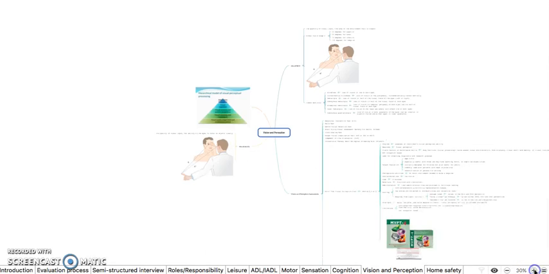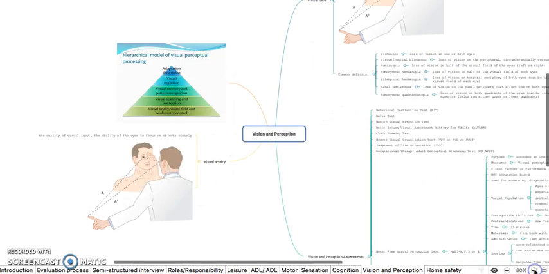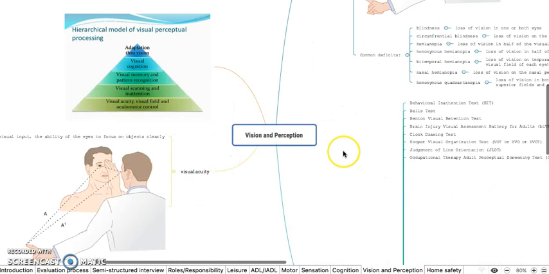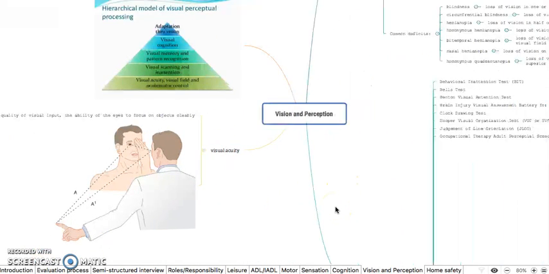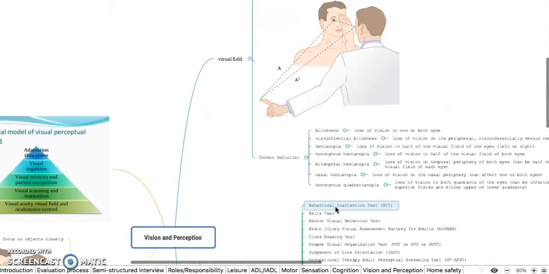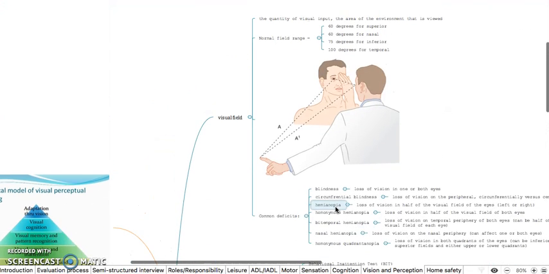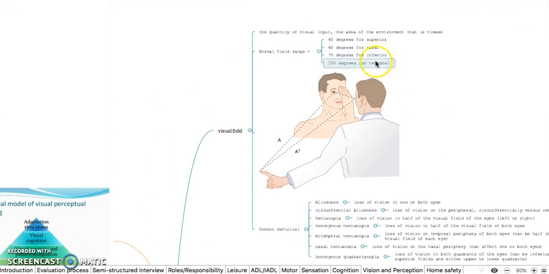And then vision and perception. So one way to assess vision is testing their visual acuities or their visual field. And here are the normal ranges for the visual field testing.